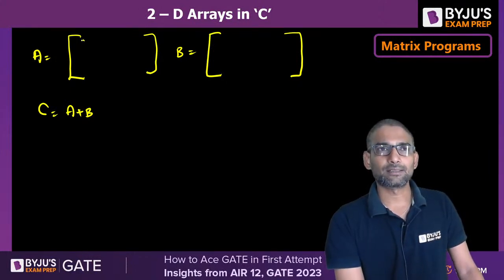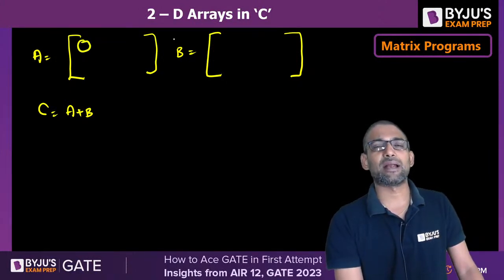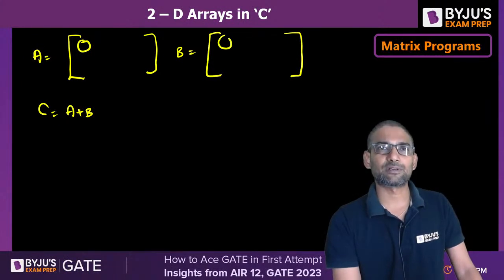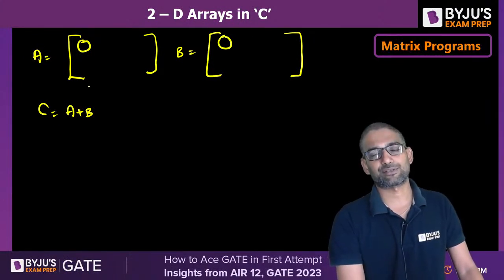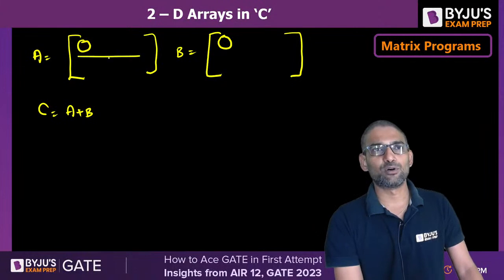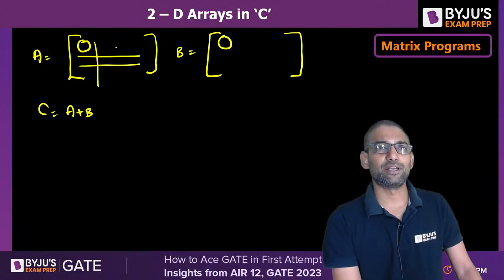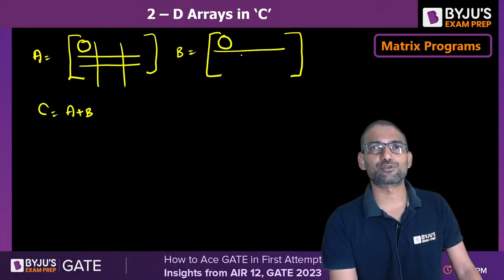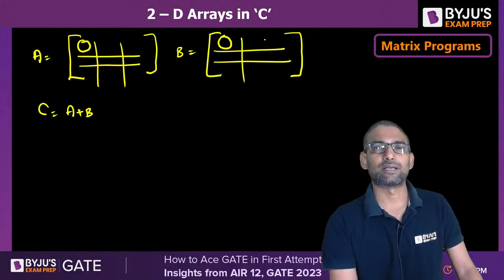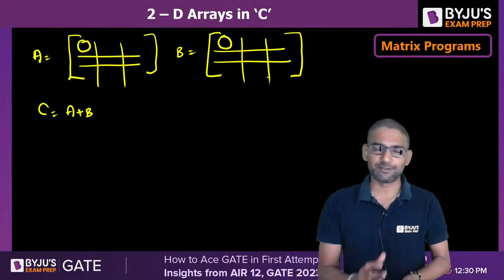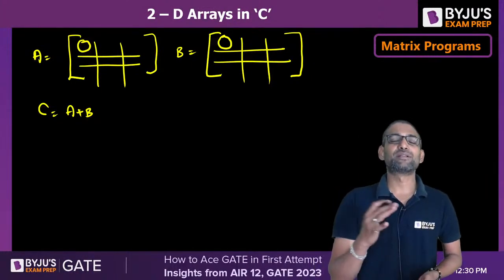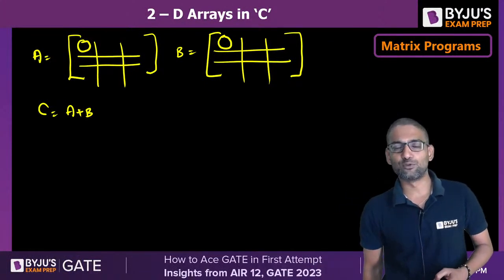I'll take the first value of A matrix and add it with the first value of B matrix. We know if I need to add any 2 matrices, their dimensions should match. So that is the condition I first verify. If the dimensions are matching, then only I will go for the addition.